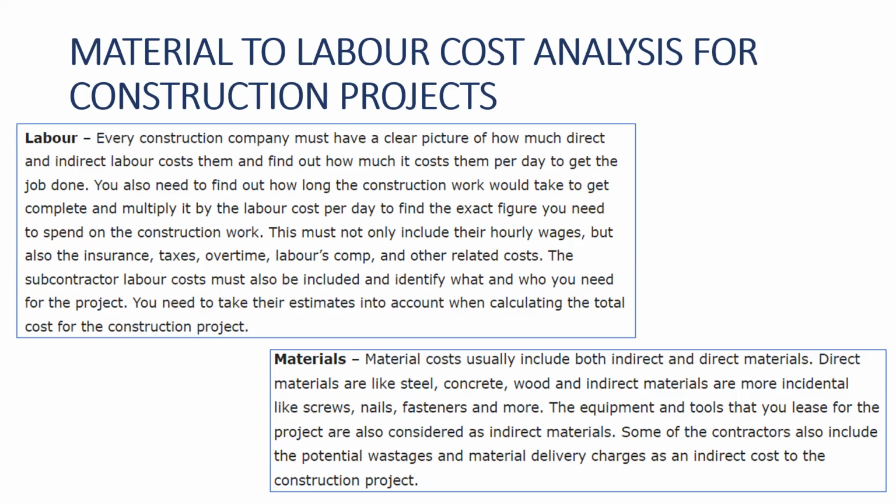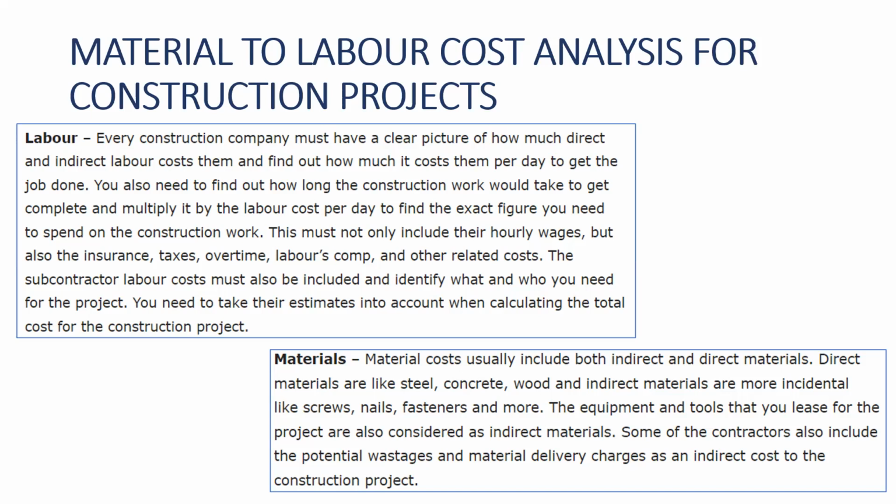This must not only include the hourly wages. We should consider insurance, maybe taxes, overtime, workers' comp, and other related costs. We should not calculate the labor cost only by the hourly wages.